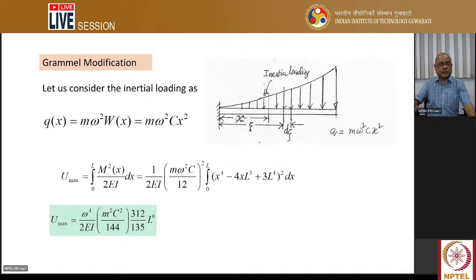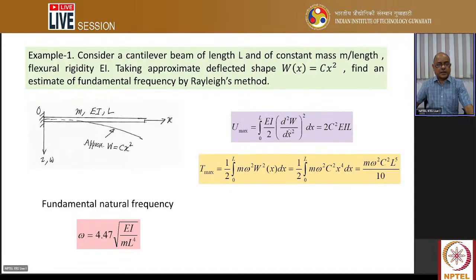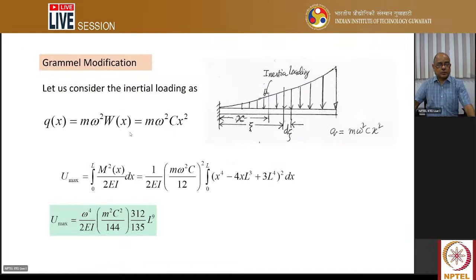So that difference has been reduced by another method that was proposed by Grammar. And he saw that since the strain energy in the earlier cases was obtained by the derivative process of this mode shape, which was approximate, not an exact mode shape, and the derivative process gives more error than the original function, therefore, he proposed to obtain the strain energy using the bending moment expression.